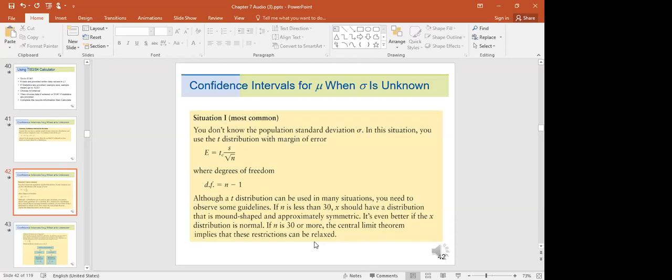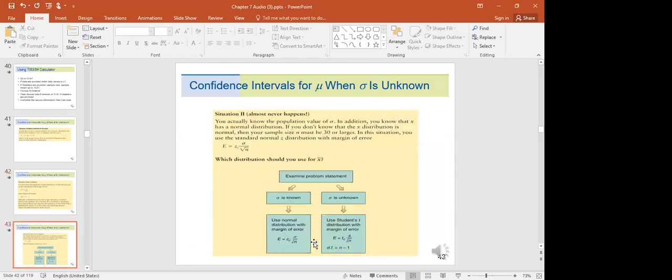In general, when n is large enough, tc and zc are essentially the same. zc is for when sigma is known, when you are given sigma. So essentially, if sigma is known, use the Z distribution and E equals zc sigma over square root of n. If sigma is unknown, use the T distribution with degree of freedom n-1, tc s over square root of n.